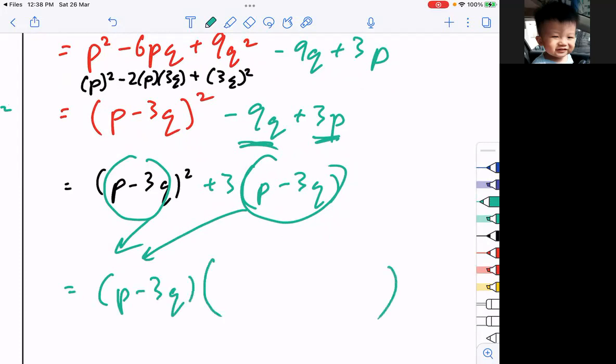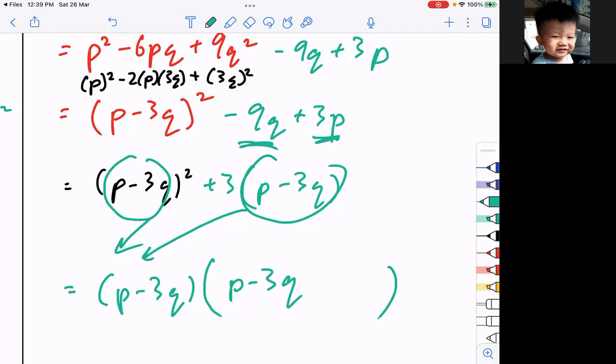Now, what's difficult is I need to know my term 1 is P minus 3Q whole thing squared. If I took away P minus 3Q, what do I have left? Term 1, because I factorize it out, still has another set of P minus 3Q.